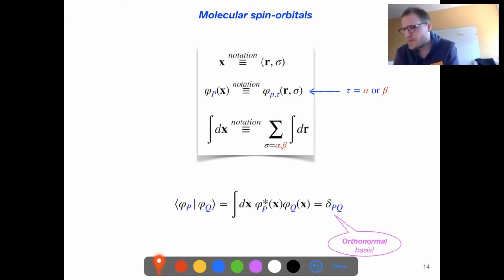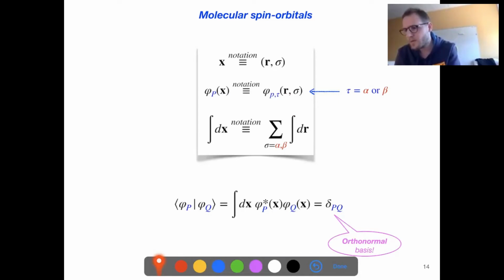Which means now that if you want to specify what the spin orbital is, you should indicate the orbital. This is what I do now with this index P, but you should also mention the spin associated to that orbital. So is it alpha or beta? Here I just denoted tau. And rather than writing both the orbital label and the spin, it's much more convenient to write this as a single index. This is exactly what I'm doing.